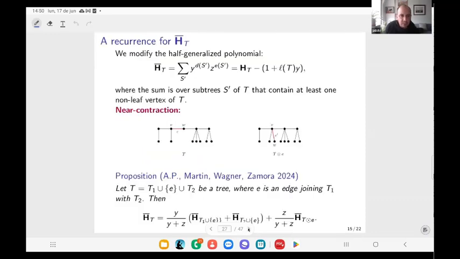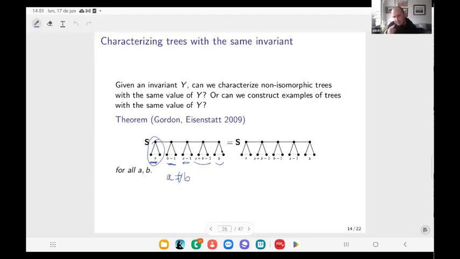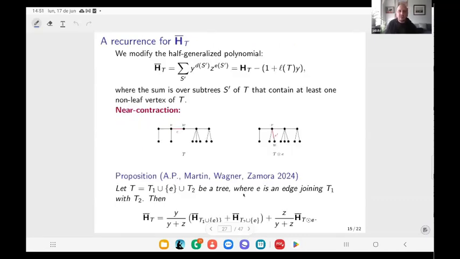In the next 10 minutes, I will try to explain how we prove this in an algebraic way. I will mention that the original proof is not super difficult. It's nice, it's a combinatorial proof. And now what we did is to give an algebraic proof.